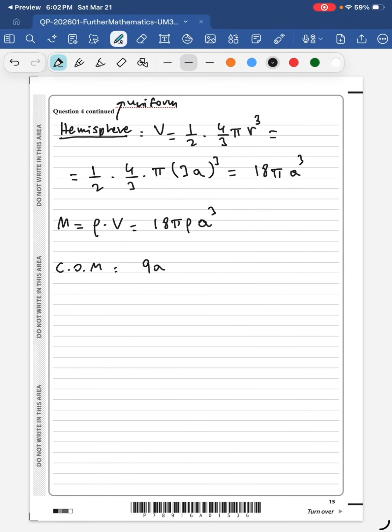So 9a plus 3/8 times the radius of this hemisphere, which is 3a. And 3/8 times the radius is the center of mass of a hemisphere. So if we add this up, we find 81a over 8. Okay, now the cylinder.